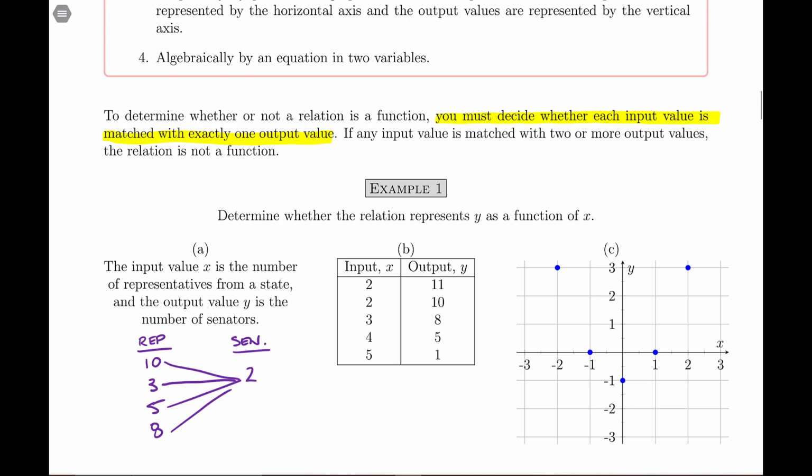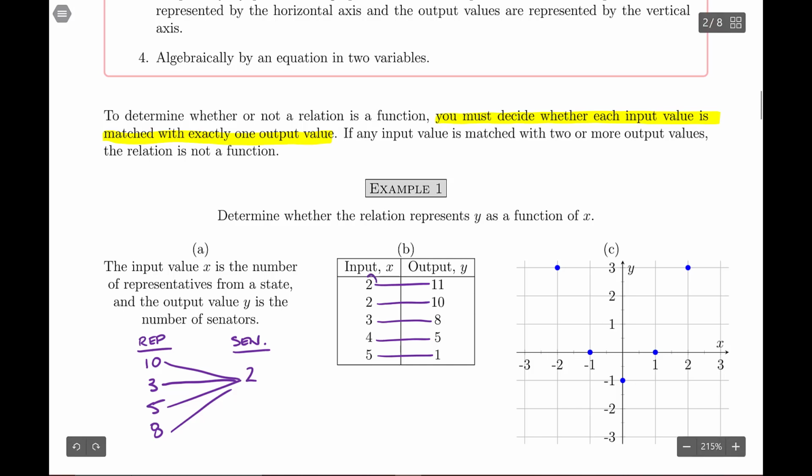On part B, it wants to know whether or not this table represents a function. So 2 maps to 11, 2 maps to 10, 3 maps to 8, 4 maps to 5, and 5 maps to 1. The question is, is this a function? At first glance, if we just look at the number of lines we have going across from left to right, we might say yes.